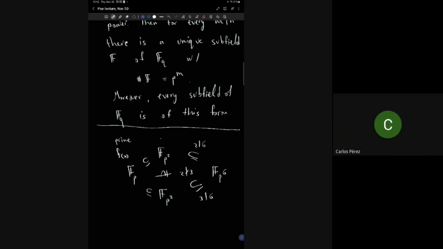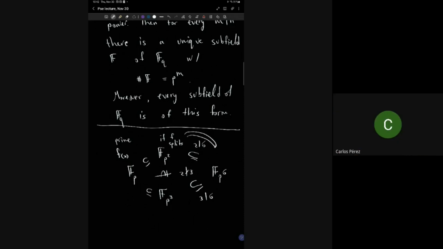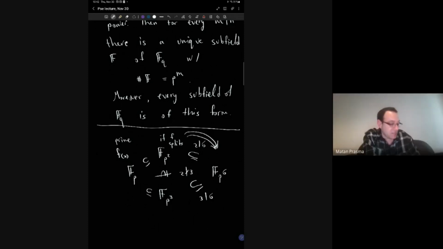Exactly. And once it is not prime, if f splits here, then it also splits in any extension.